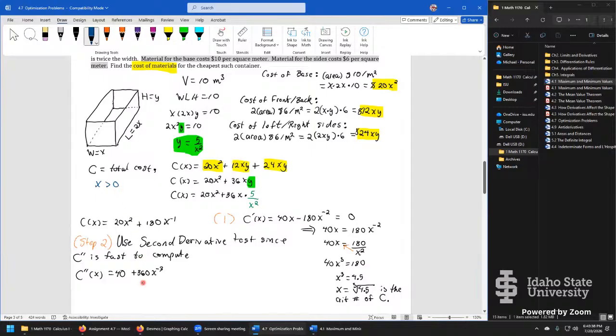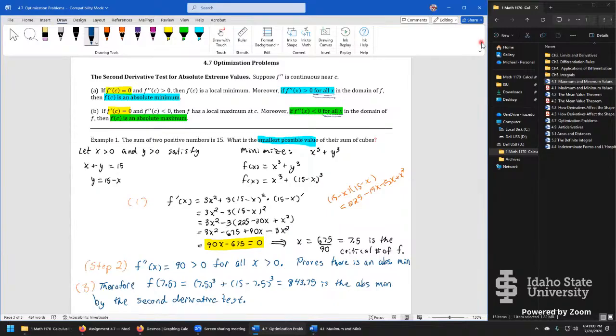Now we come back here. If x is always positive, then 40 plus 360 x to the power negative 3 is always positive as well. So we can say that this is always greater than 0 since x is bigger than 0. The second derivative test is tricky, so let's take a peek.